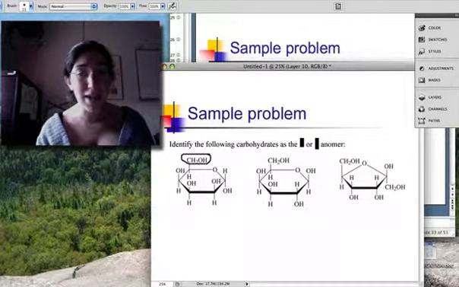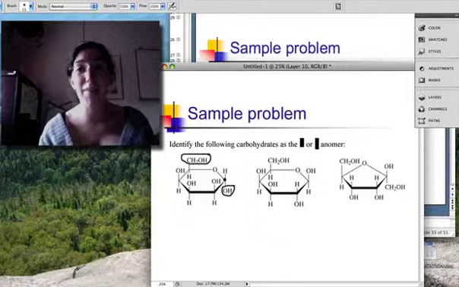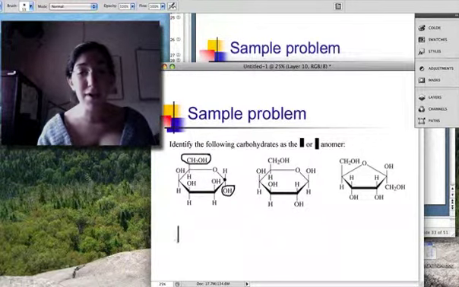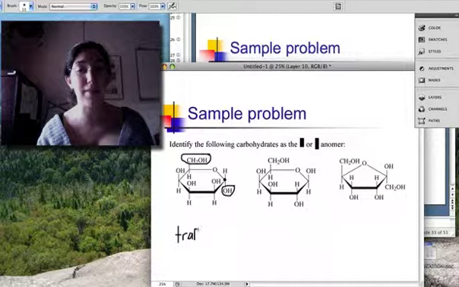So here's the anomeric carbon right here, and here's our alcohol group. So are these two groups cis or trans? Are they on the same side of the ring or opposite sides? They're on opposite sides, and if they're on opposite sides, we call that relationship trans. Trans meaning across from.